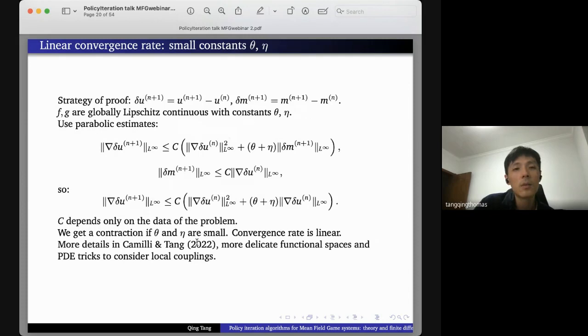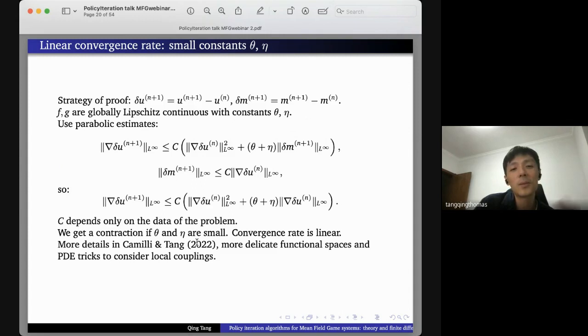First, if the interactions are small, then we can get a linear rate of convergence for policy iteration, and we can show it here. We just get some estimates, and we have an extra term on the right-hand side. Again, as I said, we cannot control how big C is. We cannot say C is small.